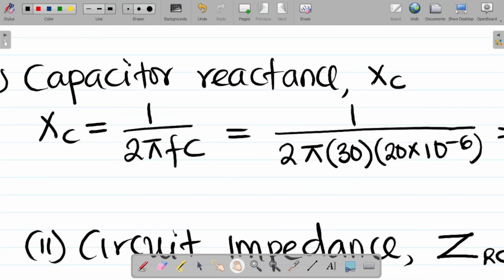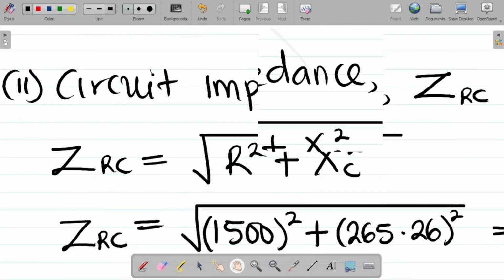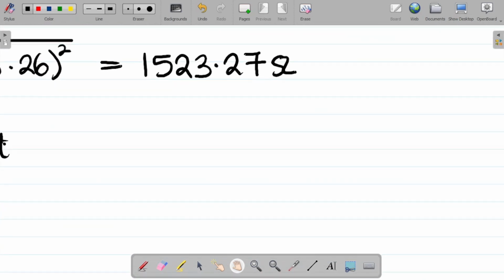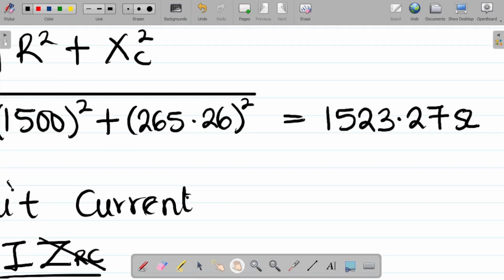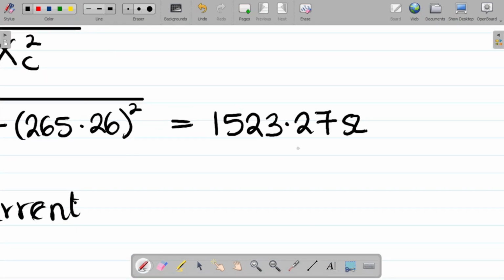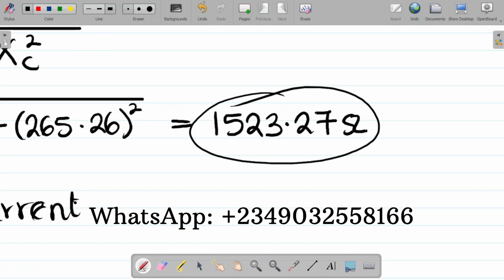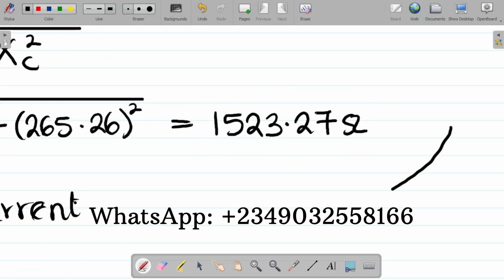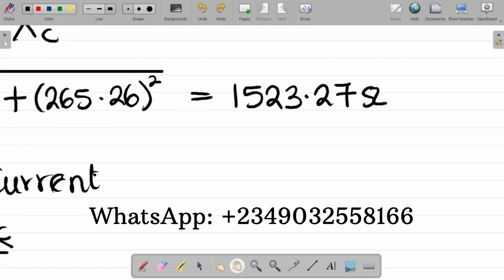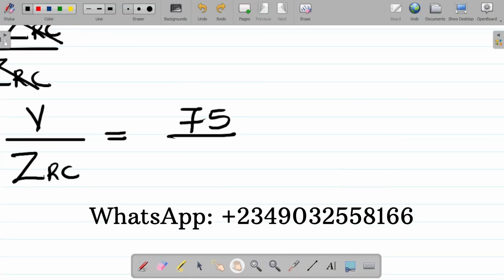What's ZRC? We found that. So see our value for ZRC, this is the value we got when we found ZRC, 1523.27.